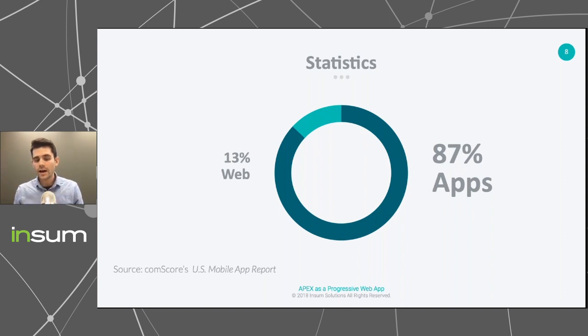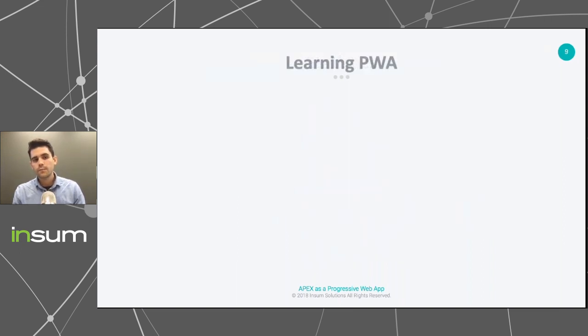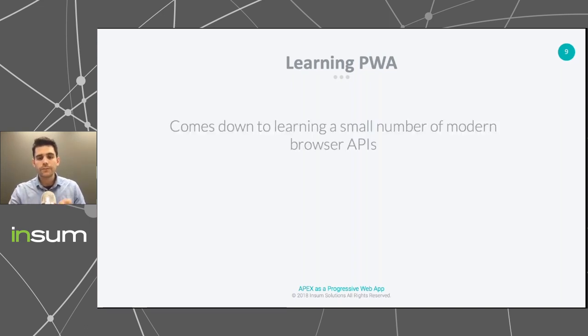So as an Apex developer myself, I look at this chart and I can't help but think that we're missing an important market share here. Progressive web apps can help us grab some of that market share back. So learning to turn Apex into a PWA really comes down to learning a small number of modern browser APIs.